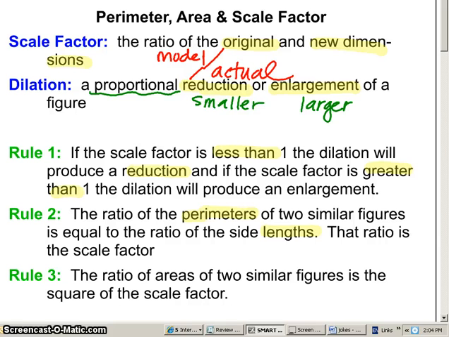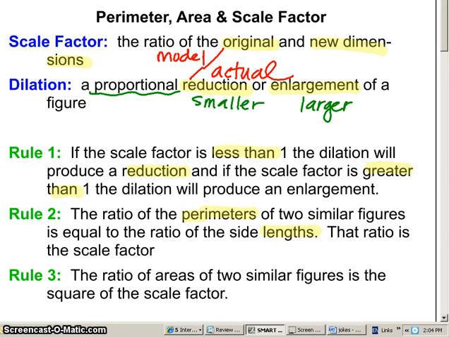If you took the perimeter of your enlargement or your reduction and placed it over the perimeter of your original shape, that would also give you the scale factor. In other words, the ratio of the perimeters equals the ratio of the side lengths. We'll see that in just a second.